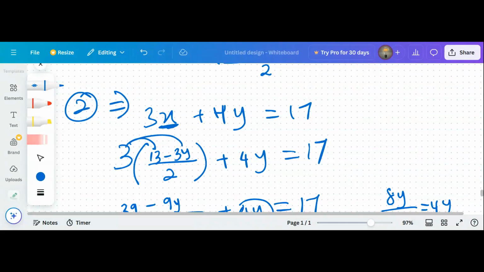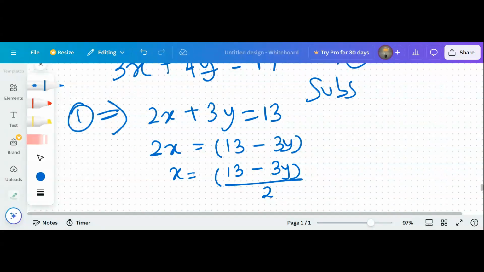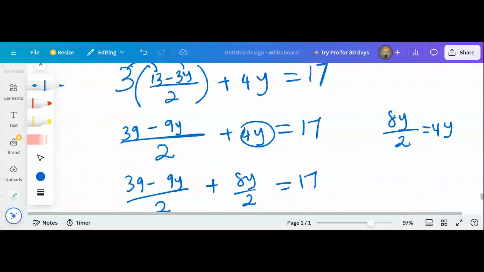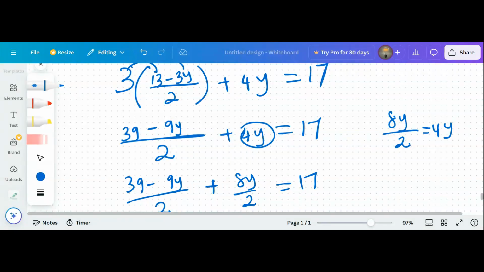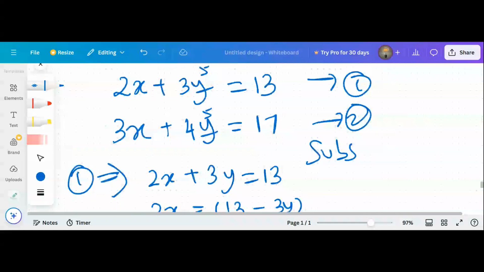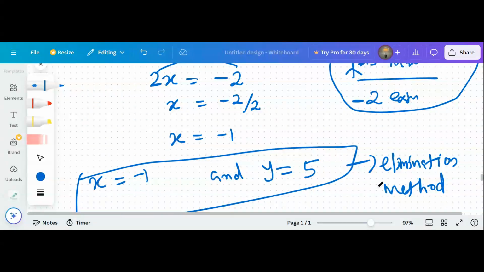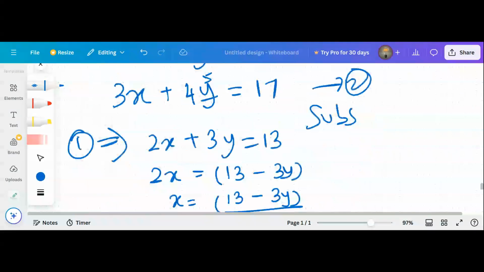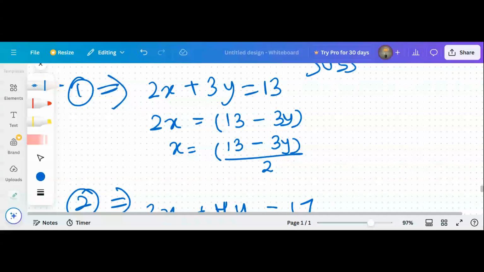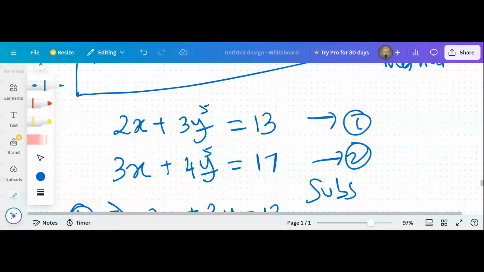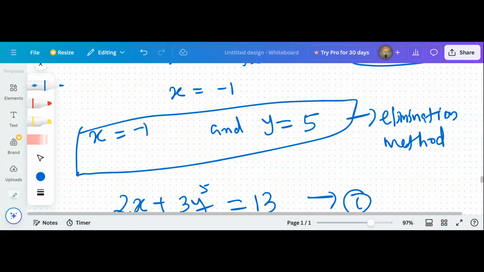Now you may wonder, this is very hard compared to the first method, a little bit tough. And actually it is, for this question. For this question the elimination method is very easy. In some kinds of questions you may find difficulties using the elimination method, or you may get confused about how to use it.